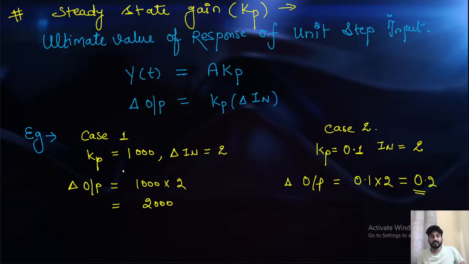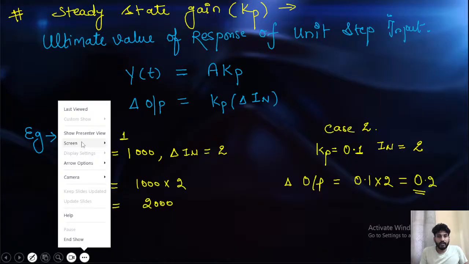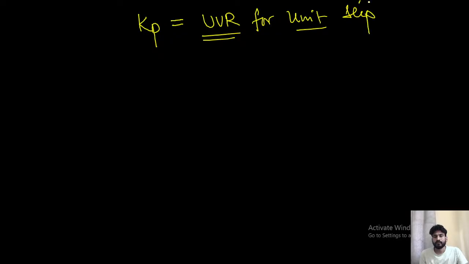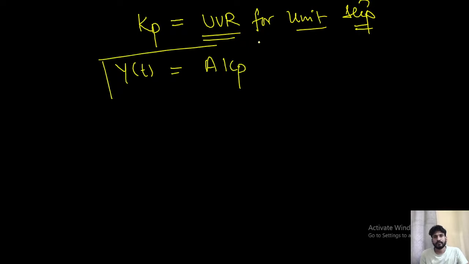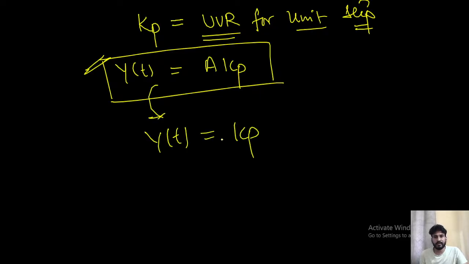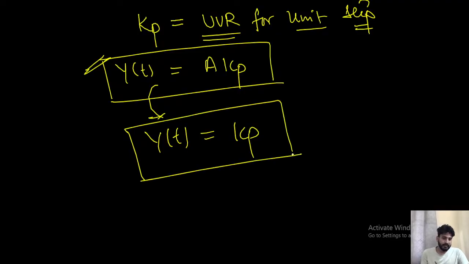I think you want to say this, to conclude your doubt: Kp is calculated as the ultimate value reached for a unit step, and here you are writing yt is equal to A Kp, but I think, sir, it should be yt is equal to Kp. Is this your doubt?